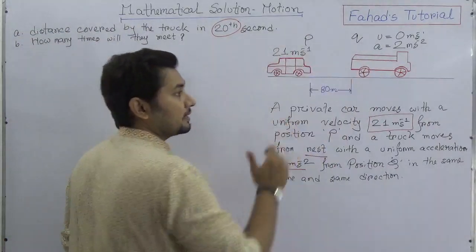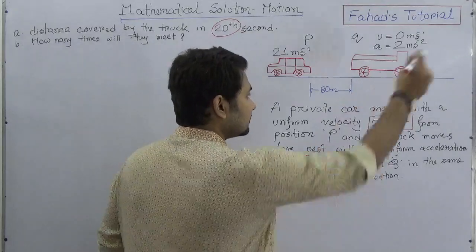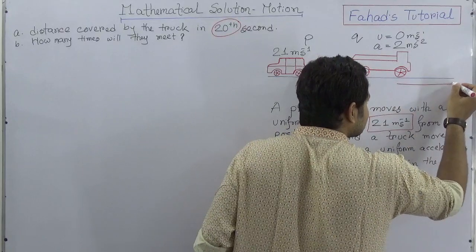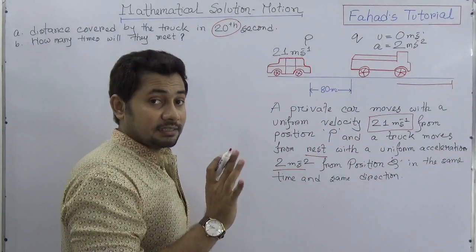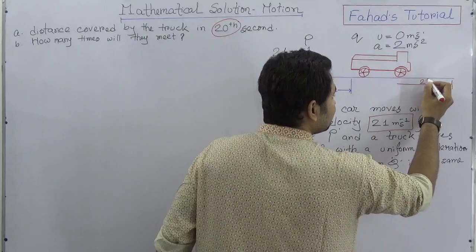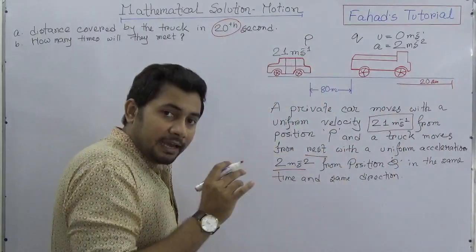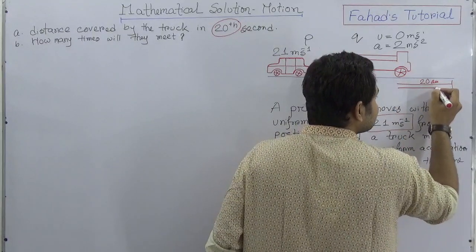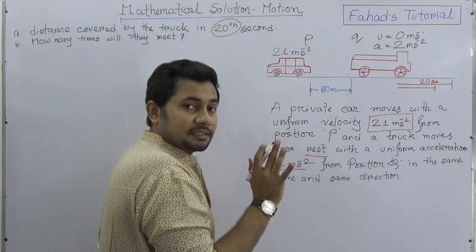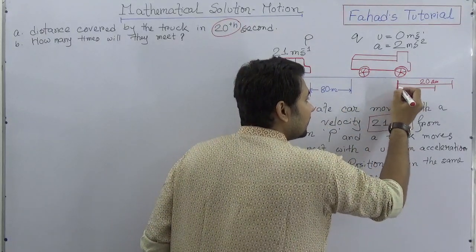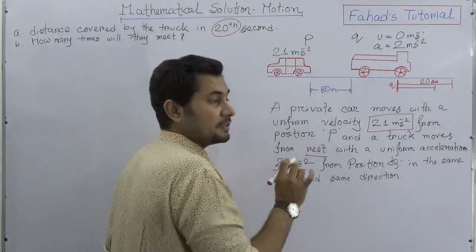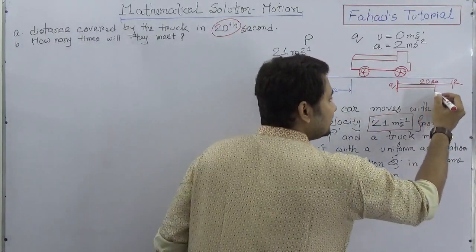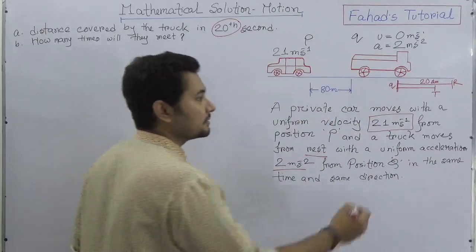Think about this truck. When it started, think that it crosses this distance in 20 seconds, and the distance covered by the truck in 19 seconds is like this. Think that it started from point Q, then it reaches point R in 20 seconds and point T in 19 seconds.